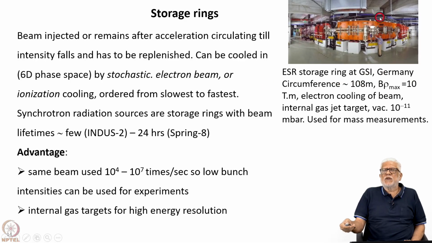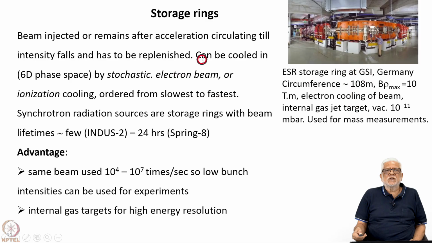So, you can store very heavy ions circulating in this, and you can make mass measurements. You can even cool the beam. You have an internal gas target, and the overall vacuum in this is of the order of 10 to the minus 11 millibar. And this has been extensively used to make mass measurements of nuclei which are produced in the accelerator at GSI, which are very much off the stability line.